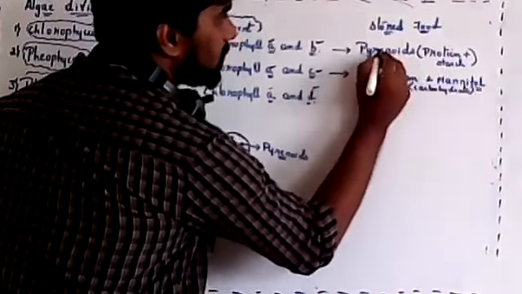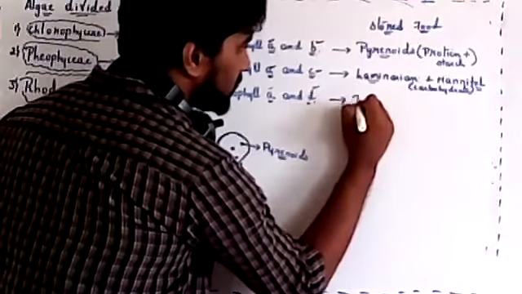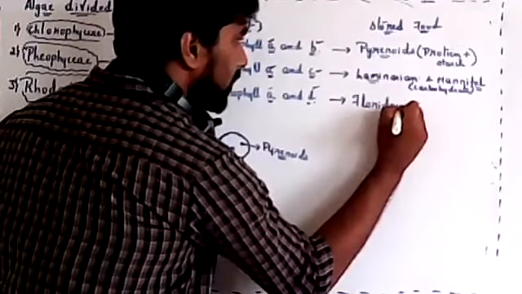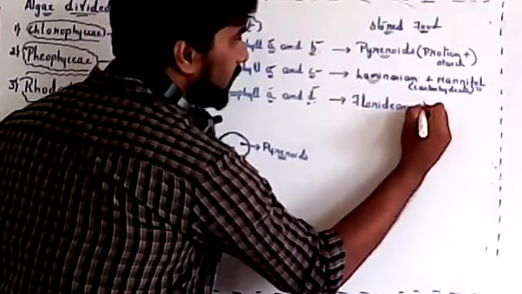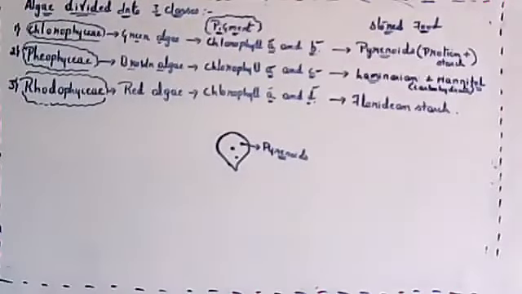Okay. So if food is stored in green algae, it is known as pyrenoids. If food is stored in red algae, then it is known as floridean starch. Floridean starch. Okay. Understood?